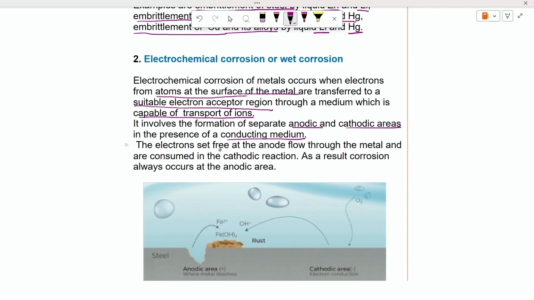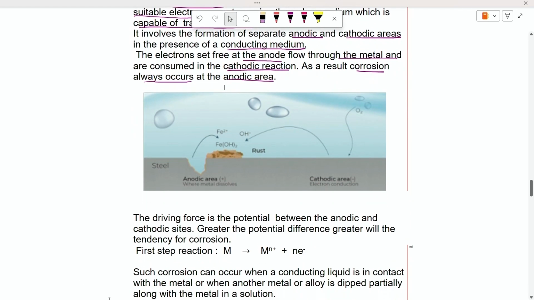Now, the electrons set free at the anode flow through the metal and are consumed in the cathodic region, and as a result corrosion always occurs at the anodic area. Where the metal is getting disrupted is at the anodic area. You can see this picture. This is the corrosion of iron, in which this is the anodic area where iron is getting oxidized.